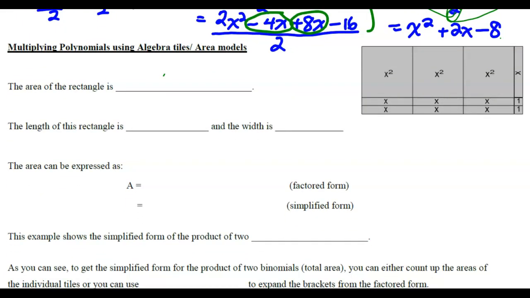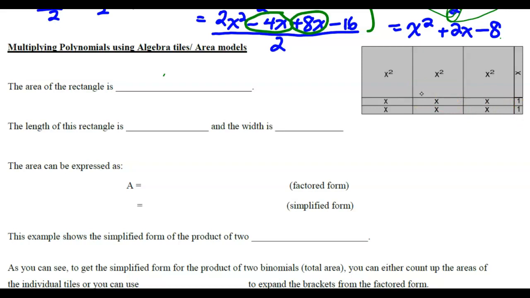So what's an easier version is just thinking about the area of a rectangle in general, without getting the algebra tiles out. If you remember back, you had big squares, which were called x squared terms. You had skinny rectangles, which were x's, and you had little squares, which were constants of 1. And so basically you have to fill in that rectangle.